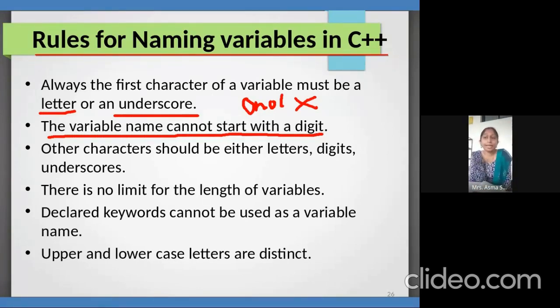Always remember, keywords cannot be used as a variable name. Consider cout. Cout is a keyword. Keyword means reserved words. Like, I know in the Hindi language, I can say, an example I wanted to tell you from Hindi.